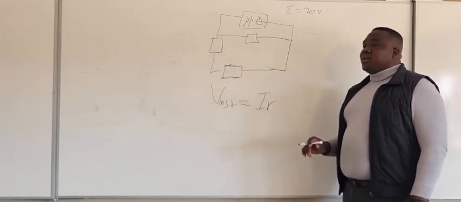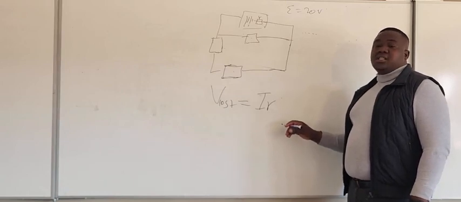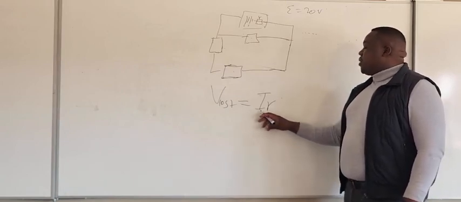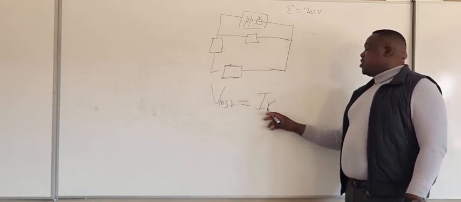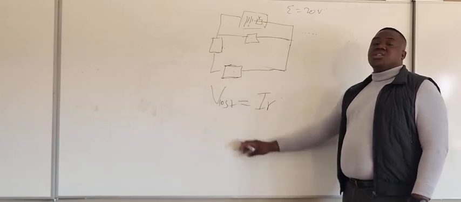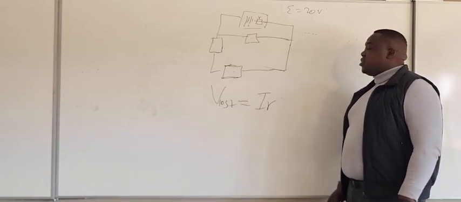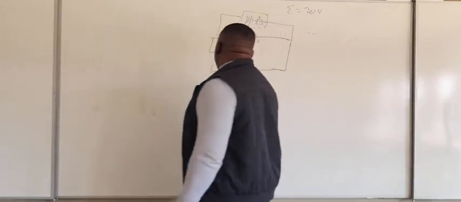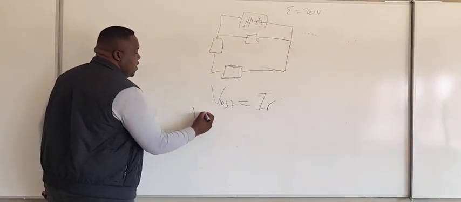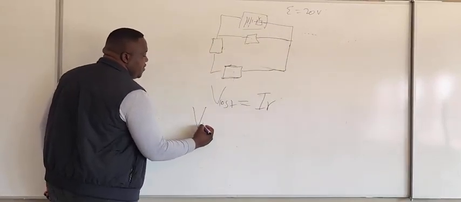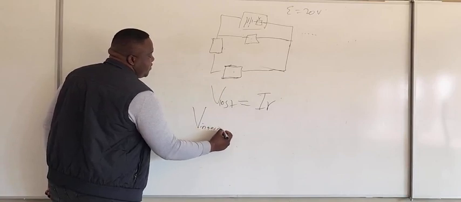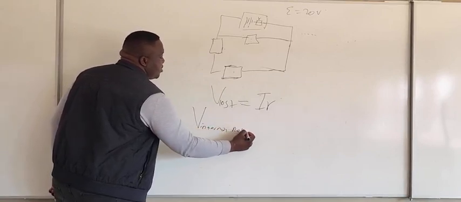So if we want to get how many volts are lost, we multiply the total current with the internal resistance, and we get the total volts that are lost. Some people call V-loss V internal resistance.